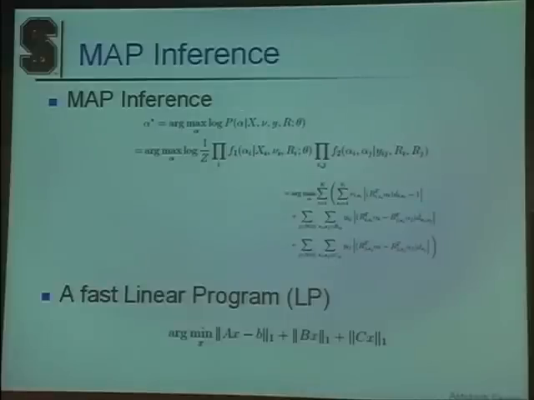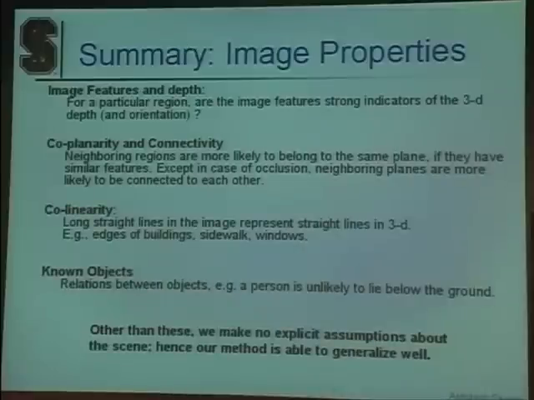So the first one says the relation between the depths and the features. The second one is a product of different things like coplanarity constraints, the information from objects, and so on. It turns out that the way we model this, the inference in this model could be done by using a fast linear program, which is really efficient and works in a couple of seconds.